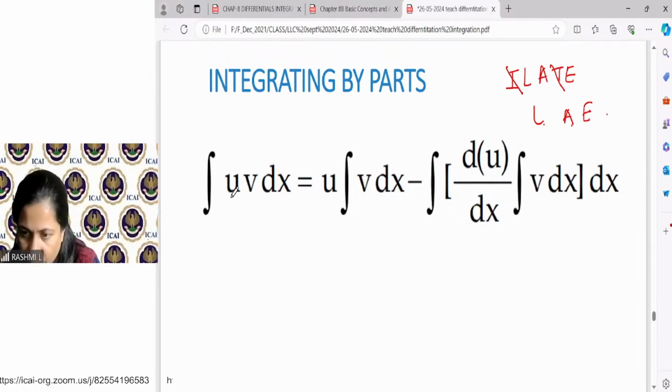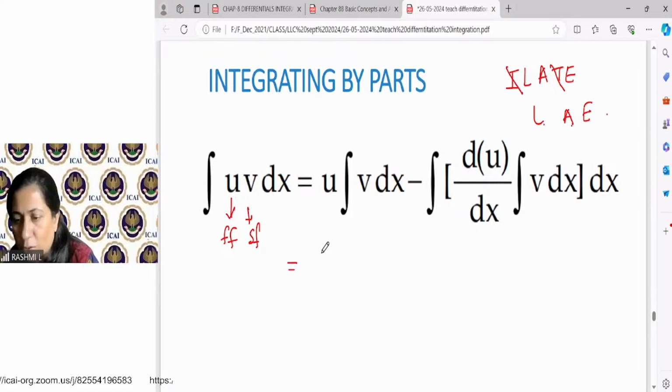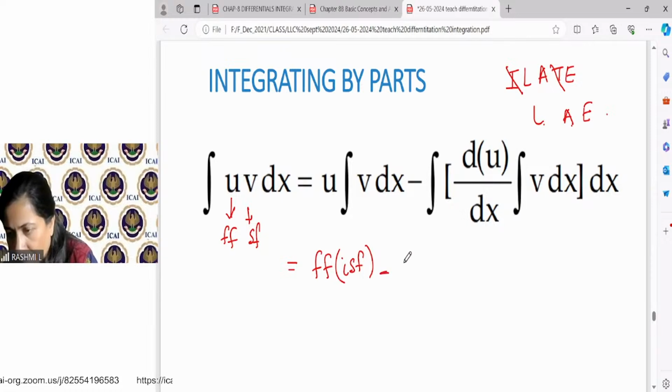You can write it as this. If I call this the first function and this the second function, then integral of uv will be equal to first function into integral of second function minus integral of derivative of first function into integral of second function, plus c.